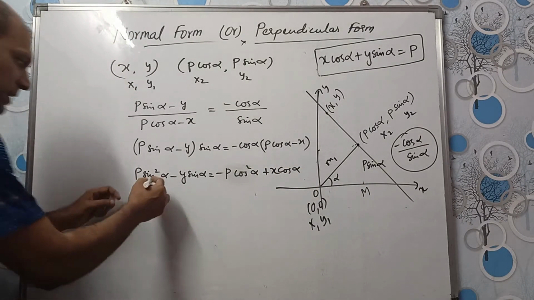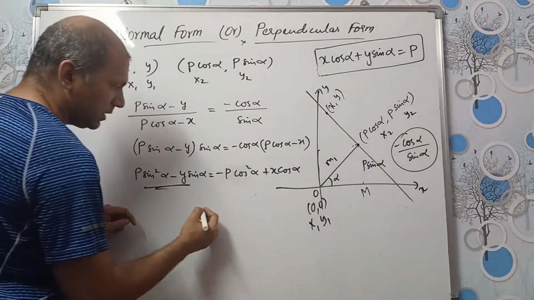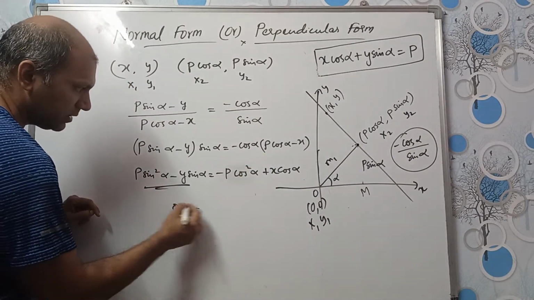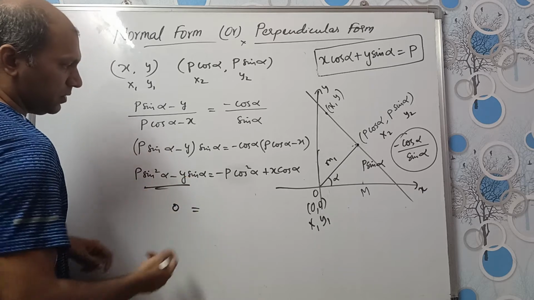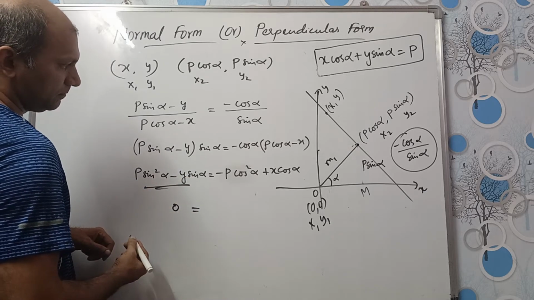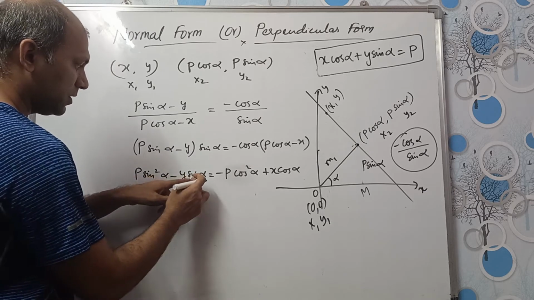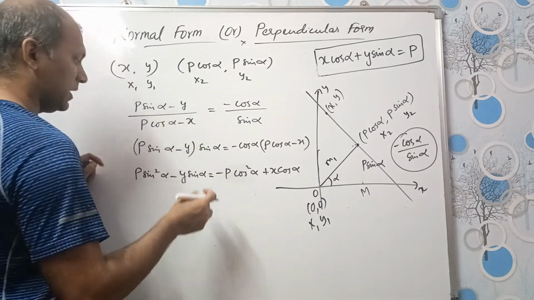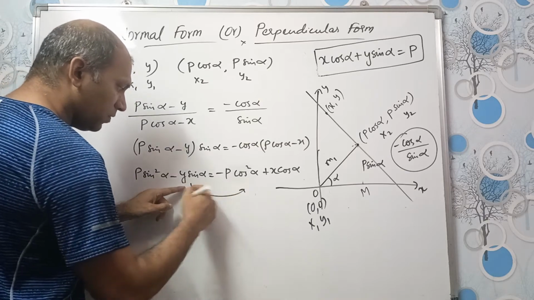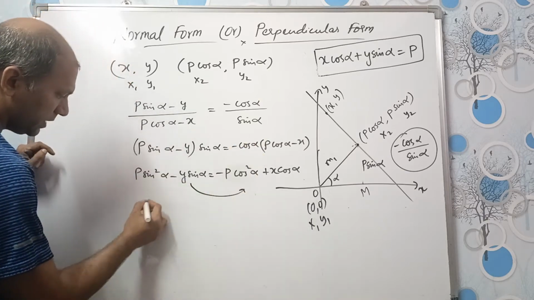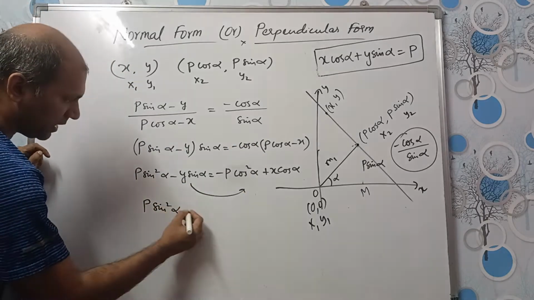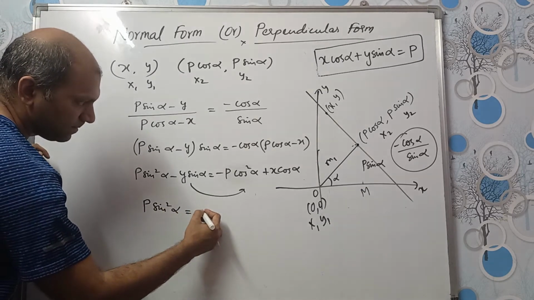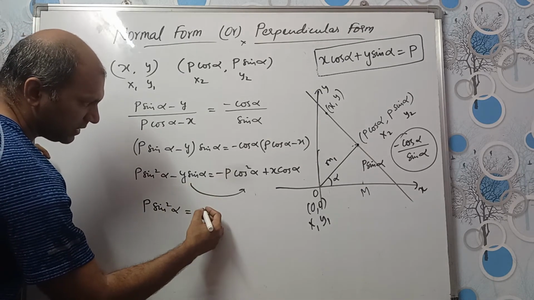Let us not take these two terms on RHS. Let us take only the y term on RHS. So here we'll have p sin square alpha is equal to, this goes on the other side, right?